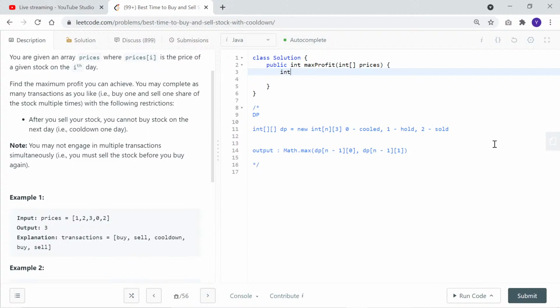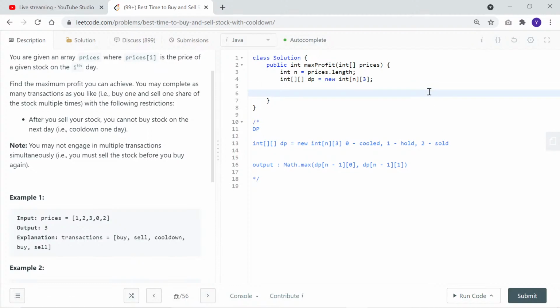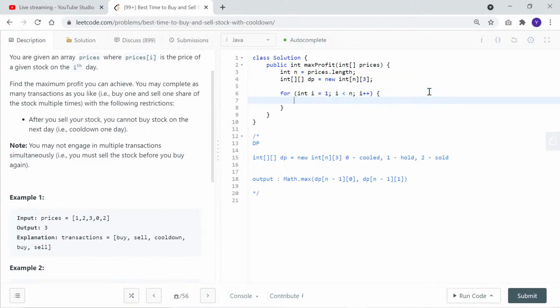So firstly, get n as the price length, and then define this dp array. Actually we can start from i equal to 1.